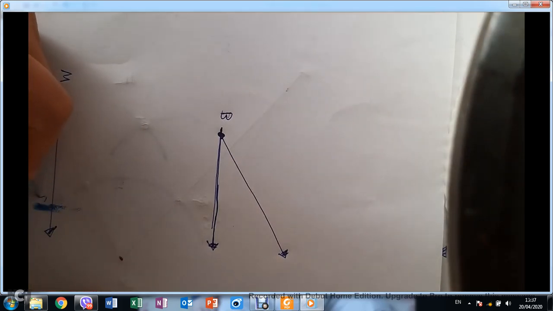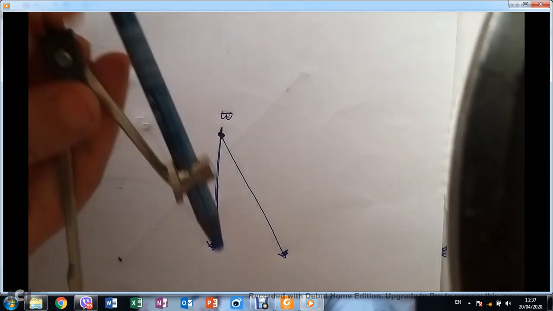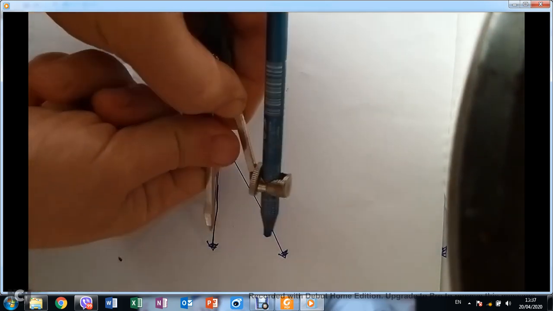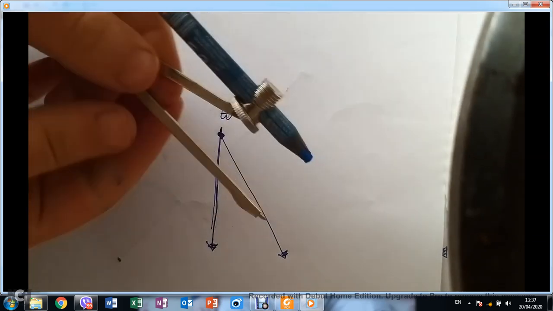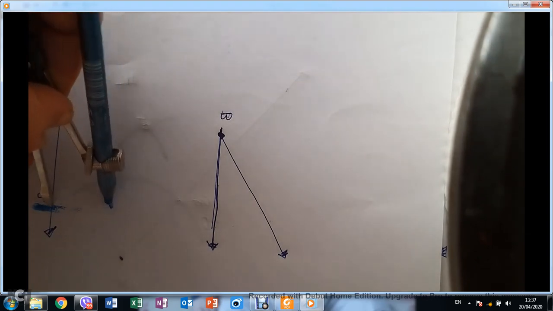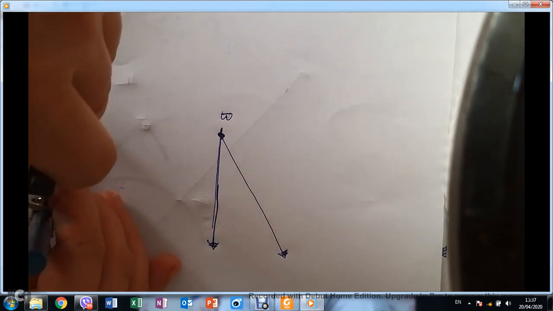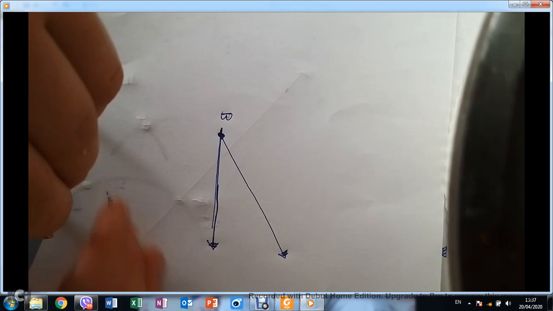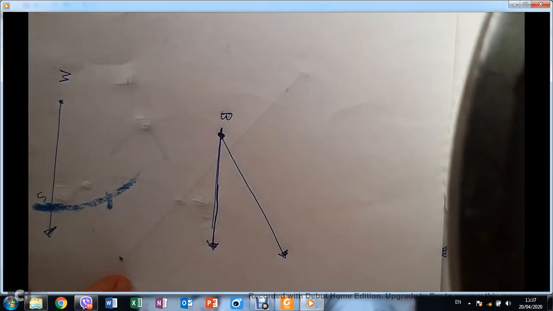After that we got point S. From the same point we need to measure the angle between these two lines. You need to draw a longer arc because we need to overlap it with the other arc.